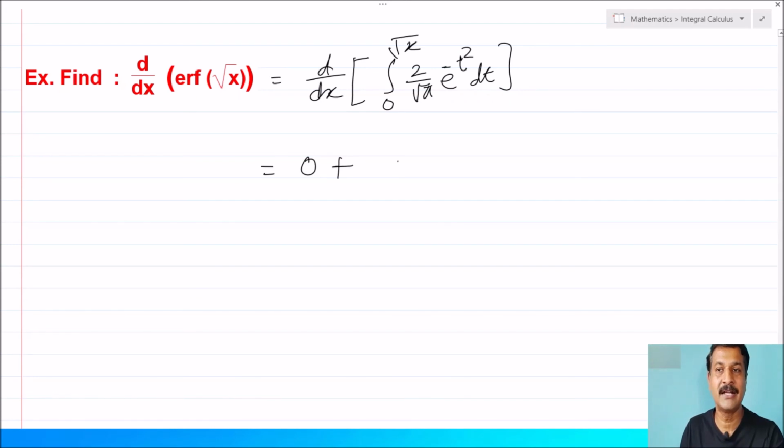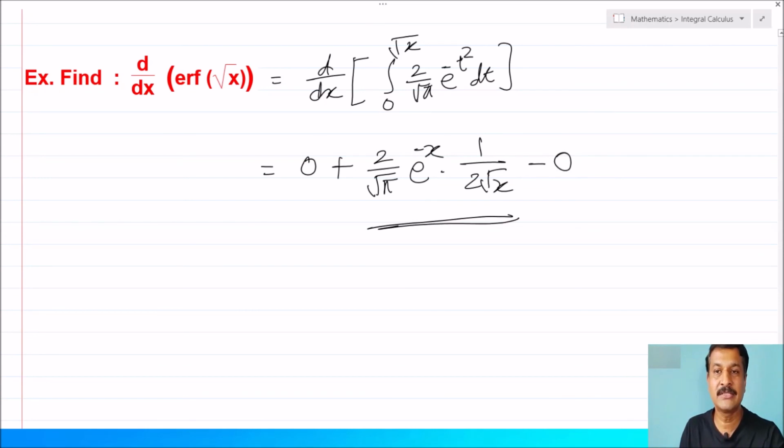It is 0 plus the upper limit: 2 by root pi, e raised to minus x, into the derivative of root x, which is 1 upon 2 root x with respect to x, minus the lower limit. So this is your answer.